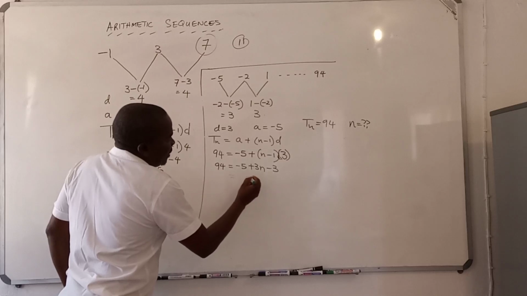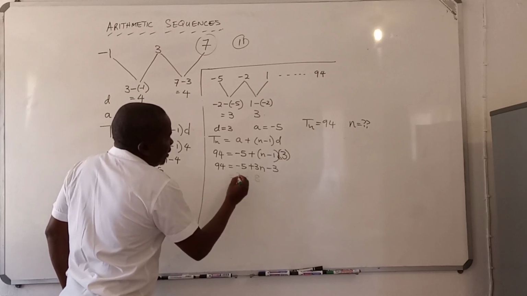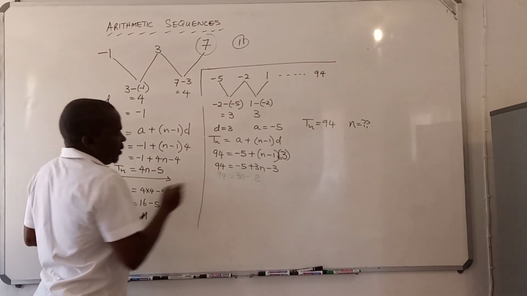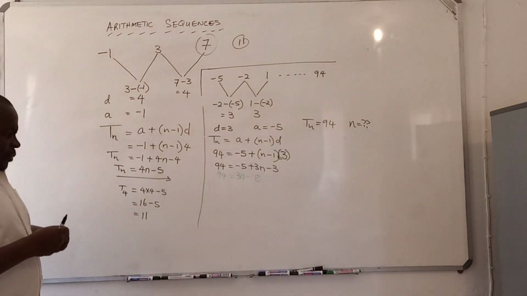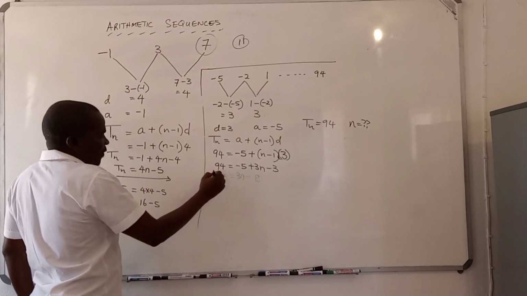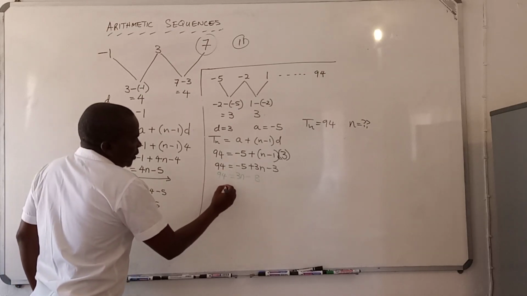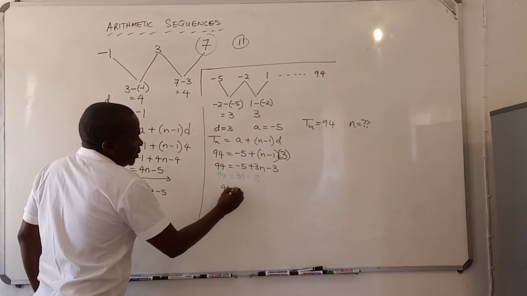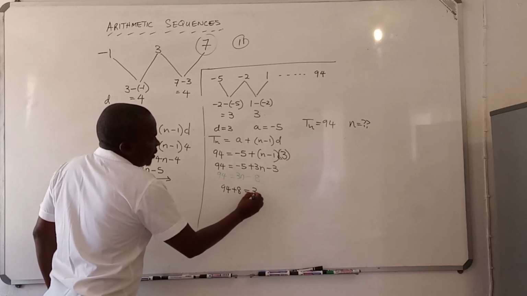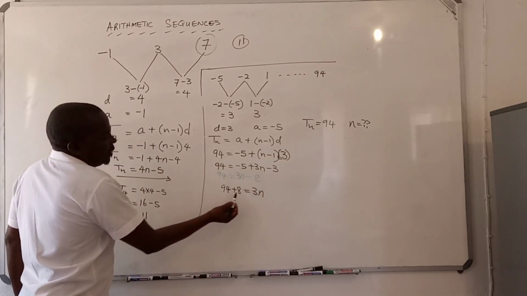This will give us minus 8, and then there is our 3n there, which is equal to 94. On the right hand side, we've got negative 8. Let us bring it over. It will be 94 plus 8 is equal to 3n.